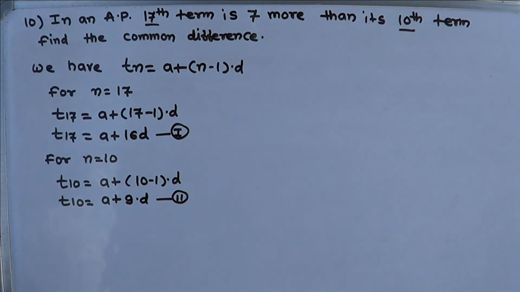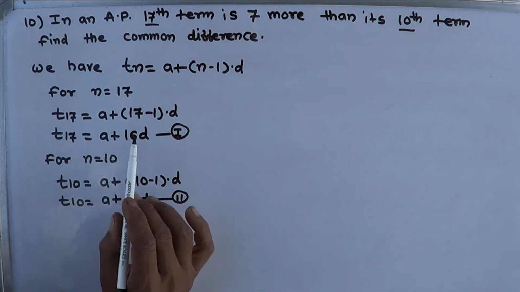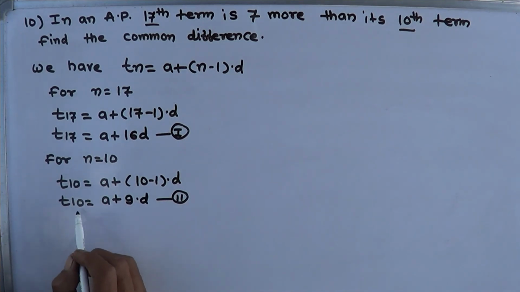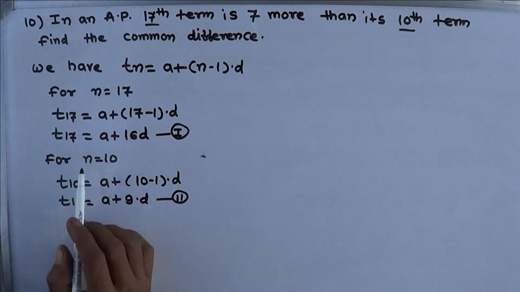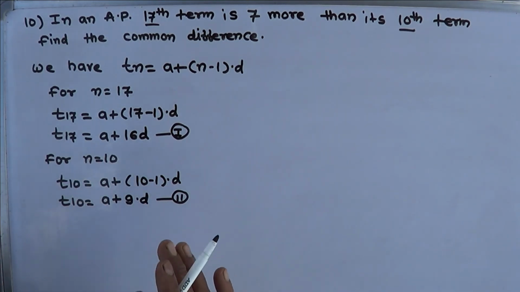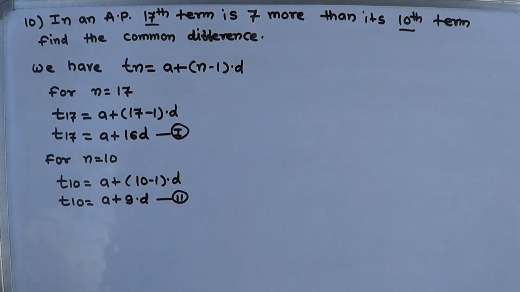So our 17th term is equal to a plus 16d, 10th term is a plus 9d, and we have given that 17th term is more than 10th term by 7, means 17th term is larger than 10th term by 7, and so we can take the difference between these two terms equal to 7.